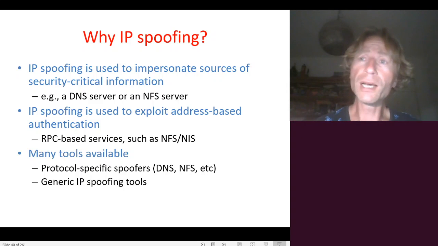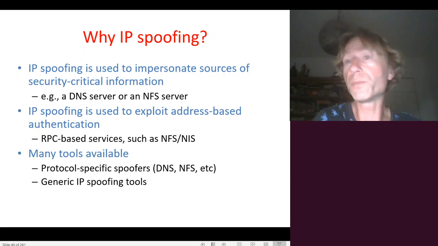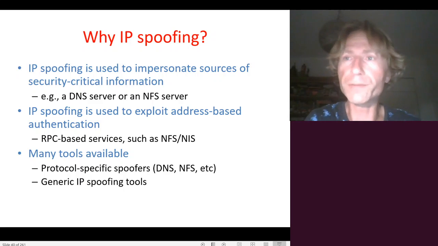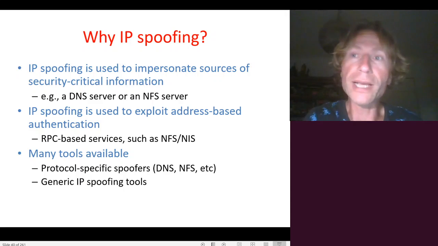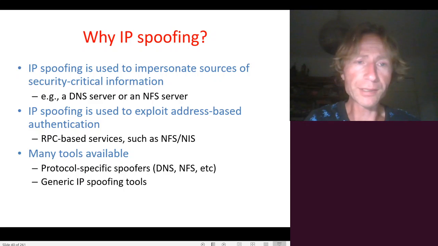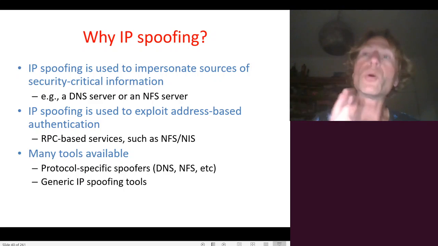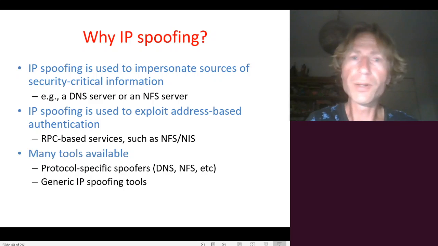Some systems only allow certain accesses if the IP addresses are from the right set. If so, you can impersonate those IP addresses and bypass the authentication. And just like in all the other cases, there are quite a few tools available to help you do this. But like we saw with the ARP spoofing attack, you can also construct these yourself.